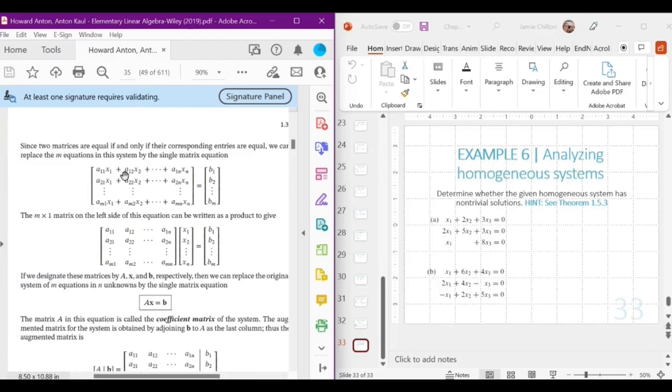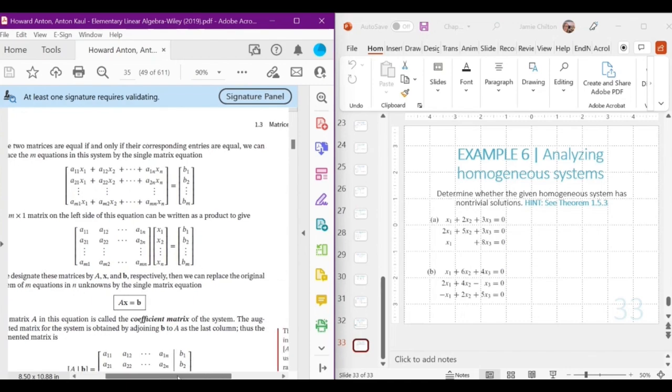So I have shown this to you before. If you were going to put this in matrix form, you would have all of the equations on the left side of the equal sign. You set this up as a matrix, and then you'd have it equal a column matrix of all of your b values.